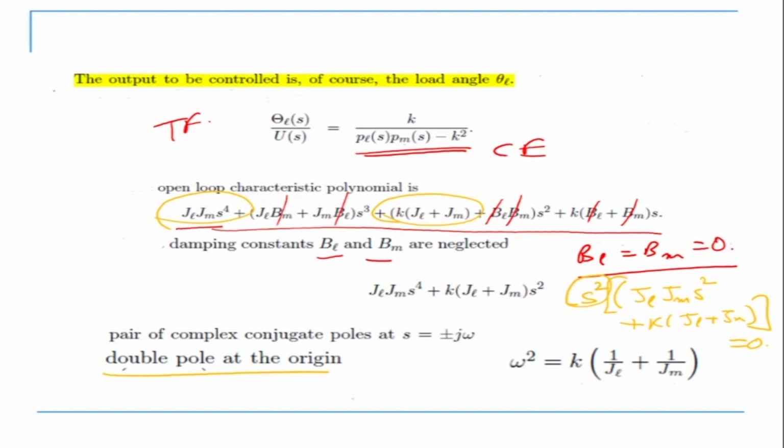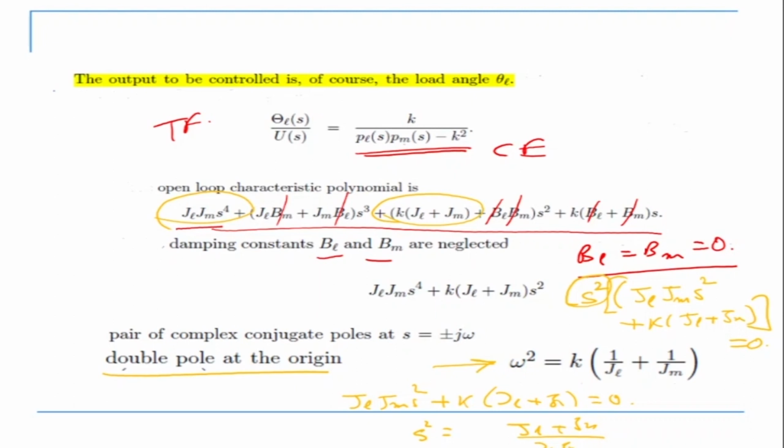From the remaining term, JL JM S squared plus K into JL plus JM is equal to 0. If I put that, S squared will become equal to minus K into JL plus JM divided by JL JM, which is shown here, that is K by 1 by JL plus 1 by JM.